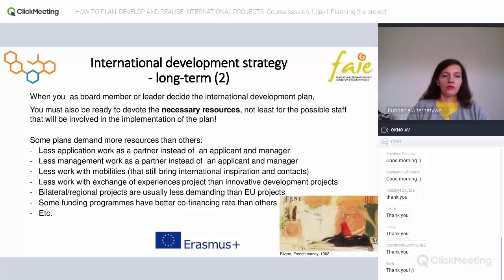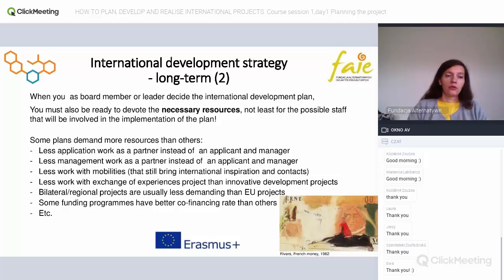Probably you are aware of the fact that you have also an access to bilateral or regional grants that fund the cooperation of partner countries, like cross-border. These are usually more simple projects than the EU-level projects.